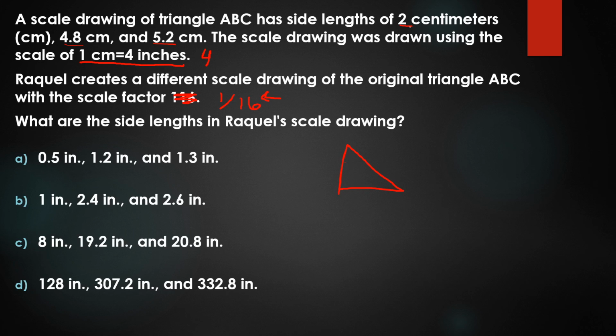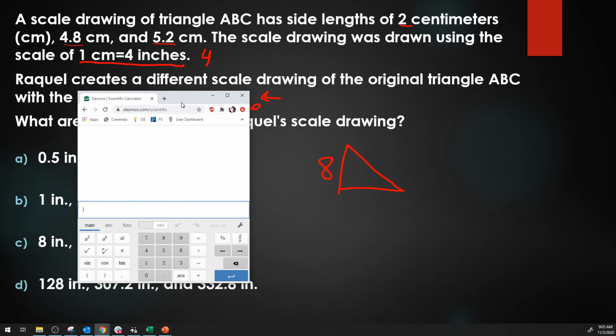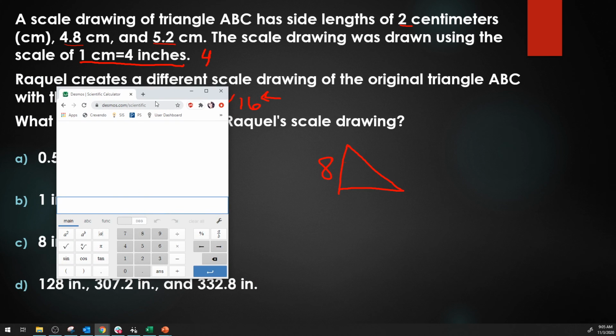So 2 times 4 gives me 8. I can pull over a calculator to help me with the rest. If I have 4.8 times 4, and then I'm going to have 5.2 times 4. So that gives me 19.2 and 20.8.